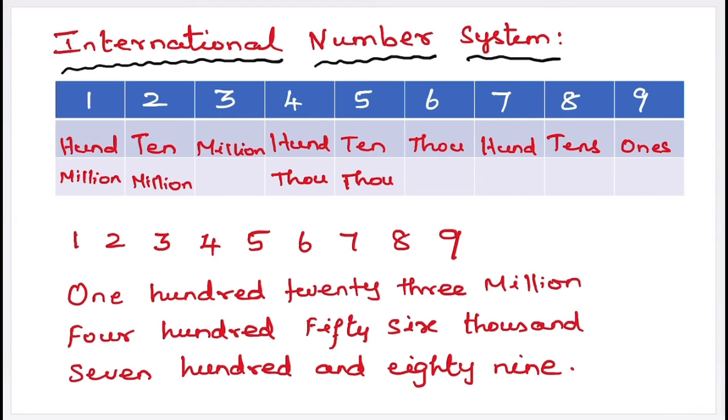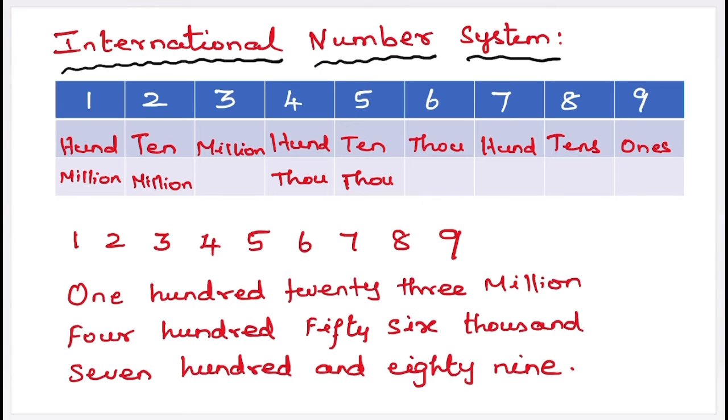Next, the international system of numeration. In the international system, we use ones, tens, hundreds, thousands and then millions. In the international system, a comma comes after every 3 digits from the right side, till it ends with 1 or 2 or 3 digits.